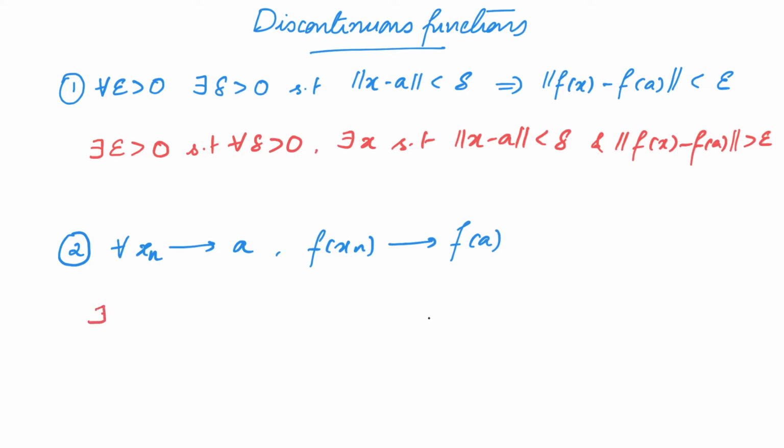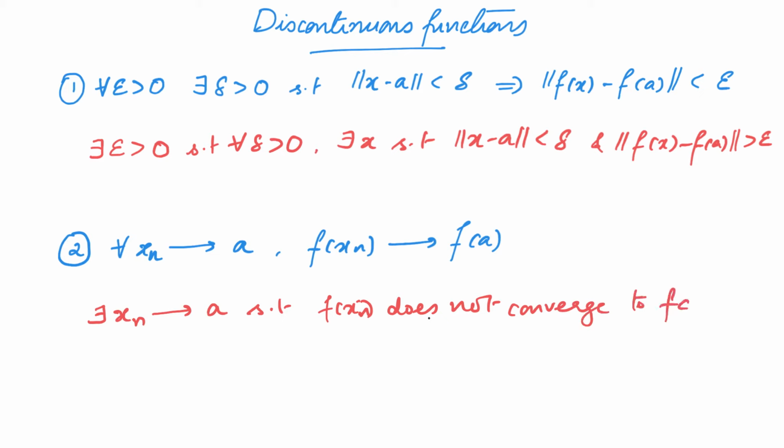That is, the negation of this statement has the form there exists a sequence xn converging to A such that f of xn does not converge to f of A. That is the negation of this statement. Let us repeat. A function f is not continuous at a point A if there exists a sequence xn that converges to A such that f of xn does not converge to f of A.